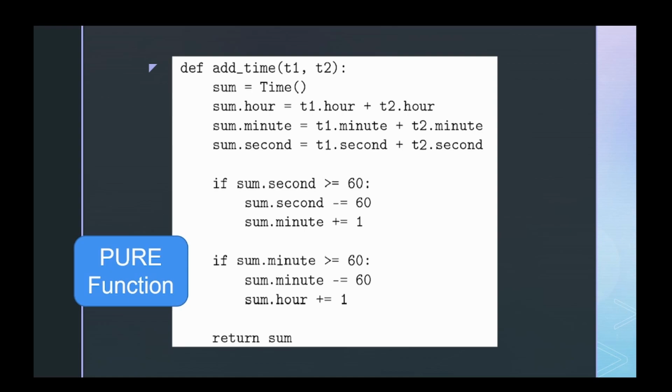And then at the bottom, if the minutes are over 60, we convert that to hours. So even though it creates an object and gives it some initial values, it's not modifying an object that was sent to it. So it is considered a pure function. Here, it's just going to take two values, time1 and time2, and return the sum of those, because we don't actually change t1 or t2. Therefore, it's considered a pure function.